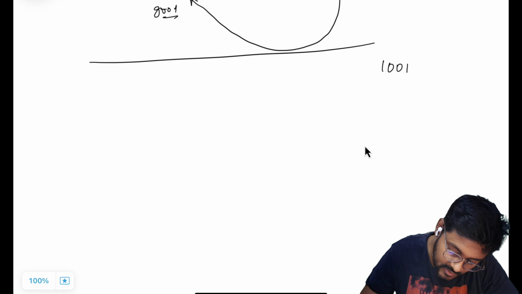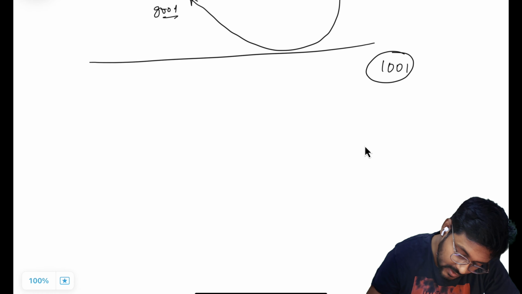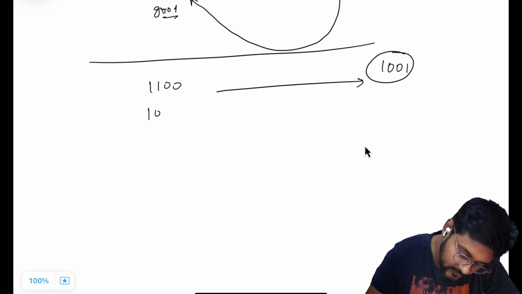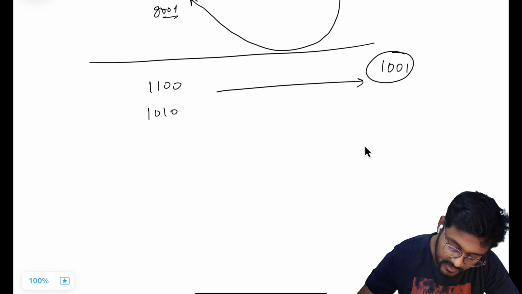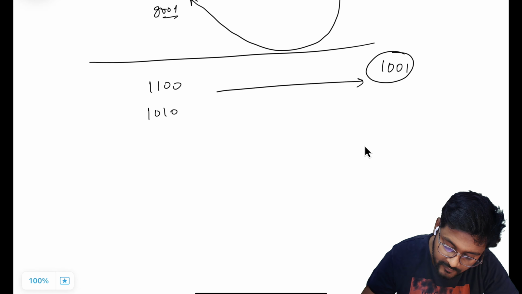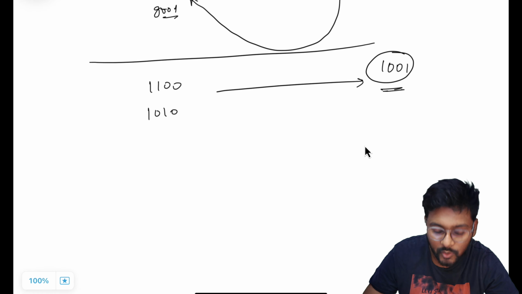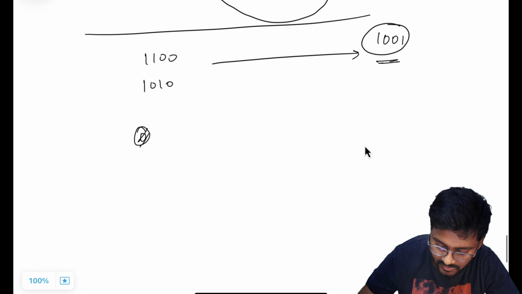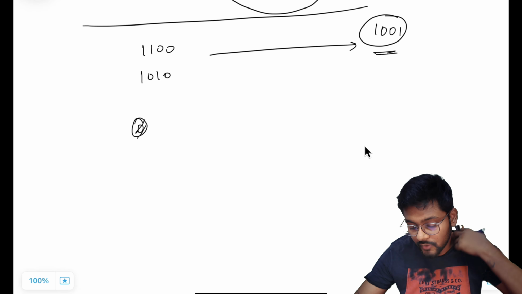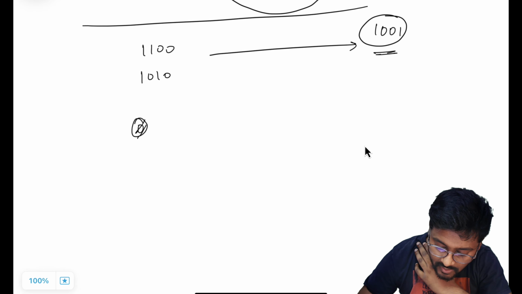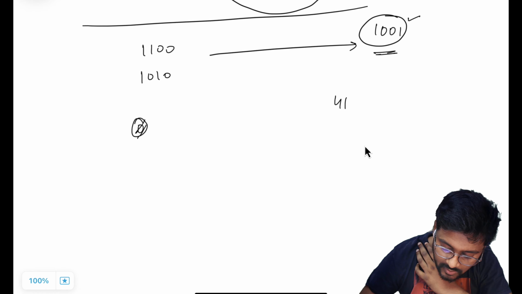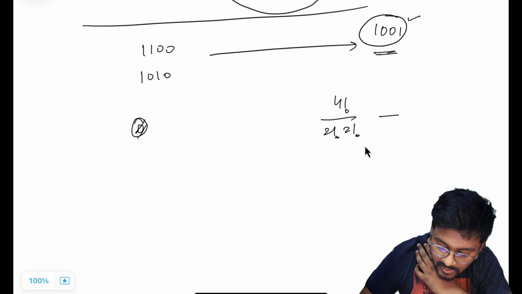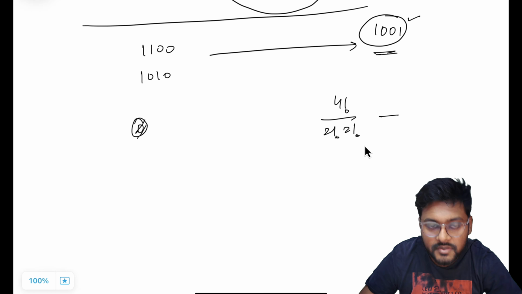Let's say it is 1001. So this 1001 can also be arranged from 1100, 1010, right? In this case, we should not take the permutation where the number is starting from 0. So first of all we have taken the possibility of all the numbers with these digits. What are all the numbers? 4 factorial divided by 2 factorial divided by 2 factorial, minus the numbers which are starting from 0.